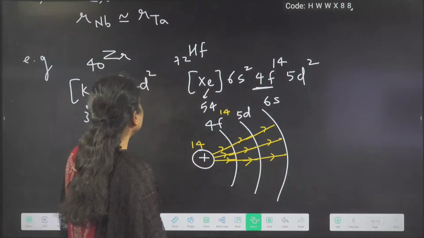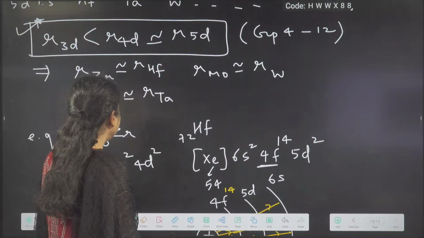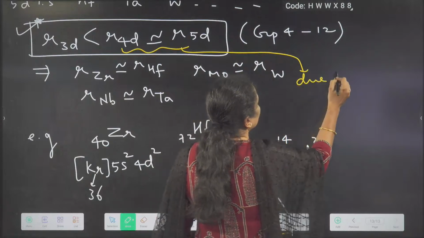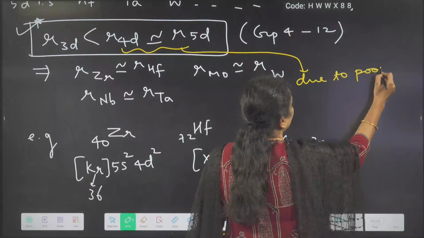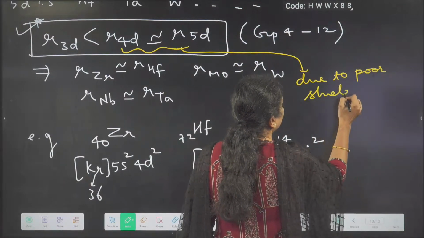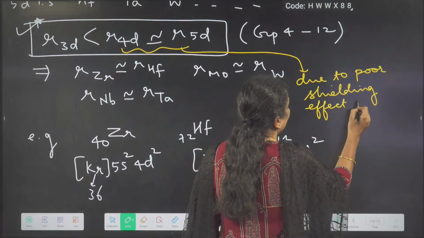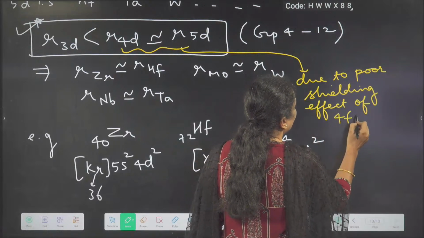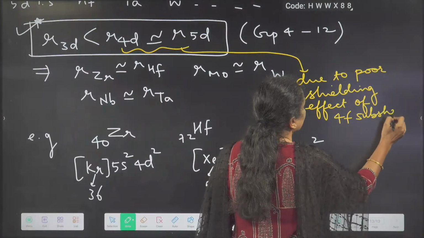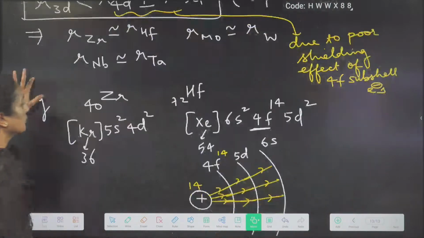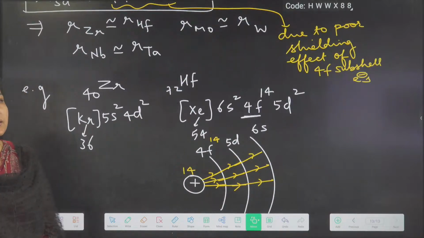Getting it? So I'll write down here, due to poor shielding effect of 4f subshell electrons. I hope it is clear to all of you.